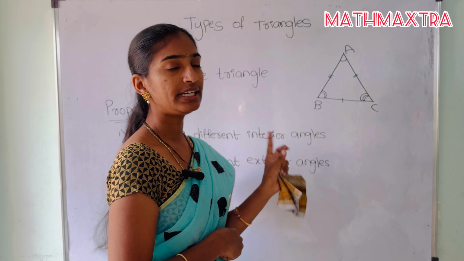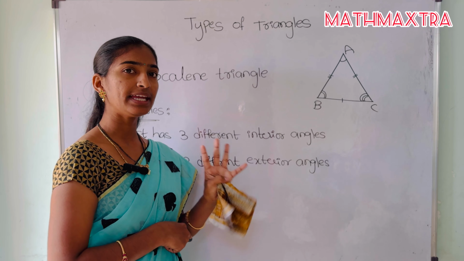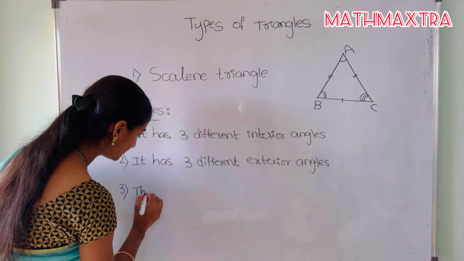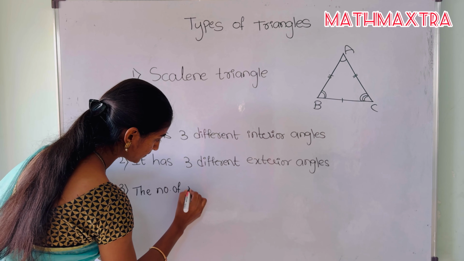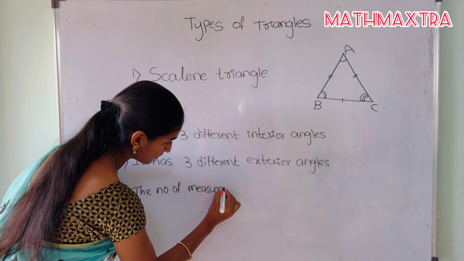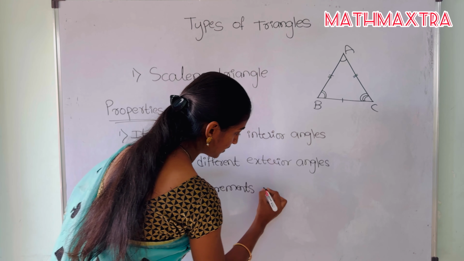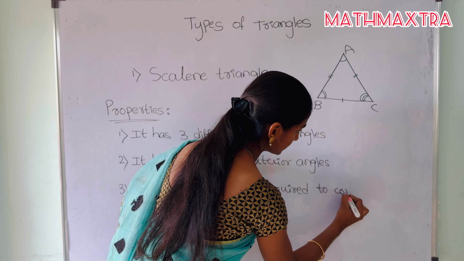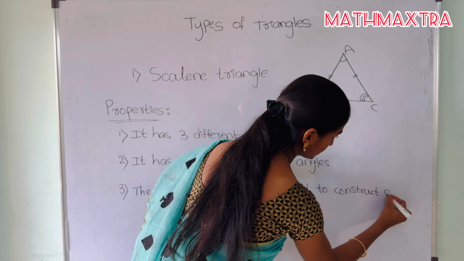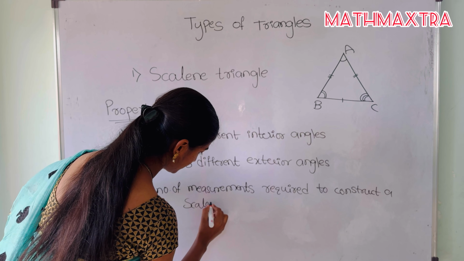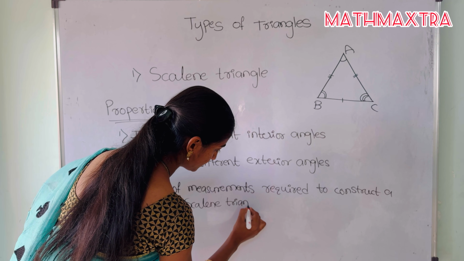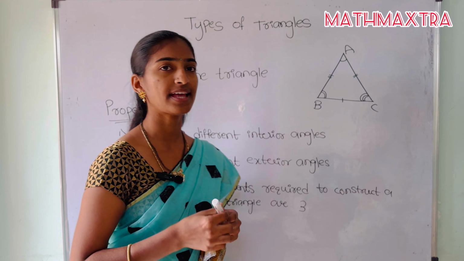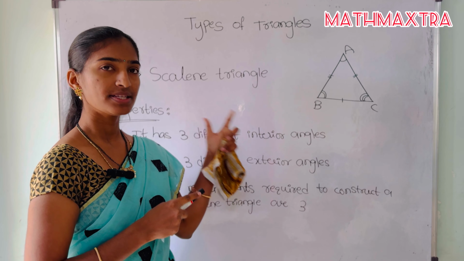That is why we need three measurements. So, we need exactly 3 measurements to construct a scalene triangle.